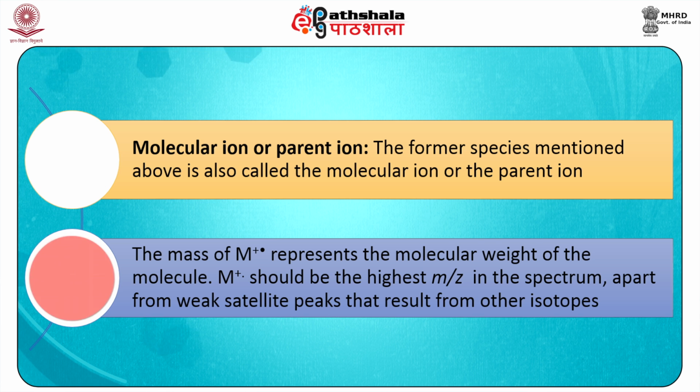The mass of M+ dot, that is radical cation, represents the molecular weight of the molecule which is under scrutiny or whose mass is to be determined. Now radical cation M+ dot should be the highest m/z in the spectrum, apart from weak satellite peaks that result from other isotopes.